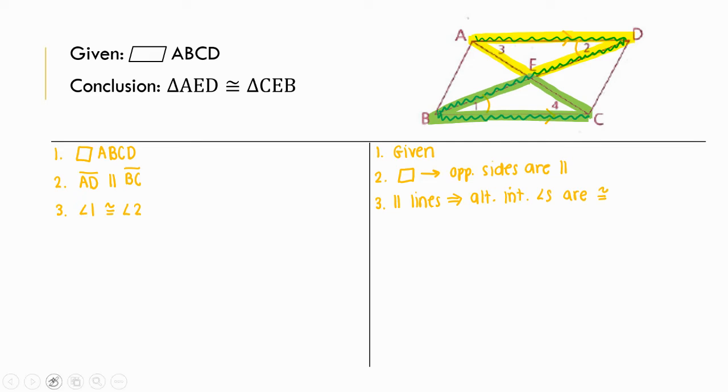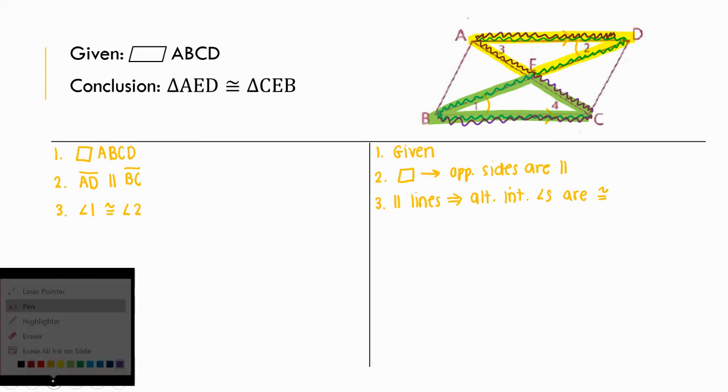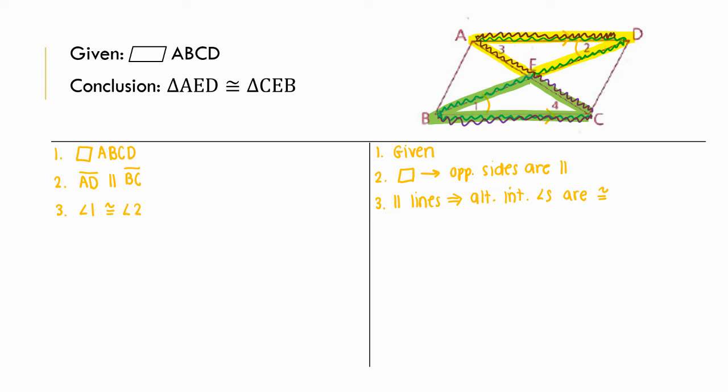Okay, notice that if I switch focus and use the other transversal, because we do have 2 transversals, we have the transversal of AC. Notice that what I just highlighted was another letter Z. It was just a backward Z. So we do have another set of alternate interior angles.